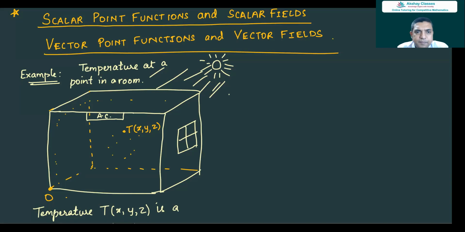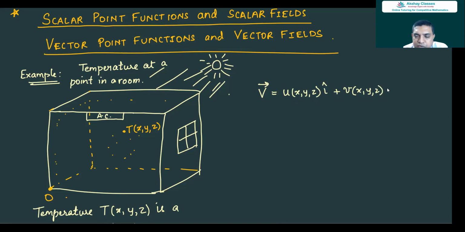A vector field, or a vector point function, is, let's say, velocity vector. Let's say velocity of a fluid particle. Now, a fluid particle velocity is u in the x direction, but it is a function of x, y, z. v is the velocity in the y direction, and w.